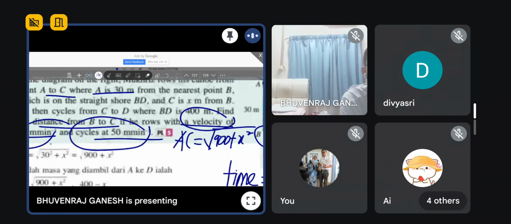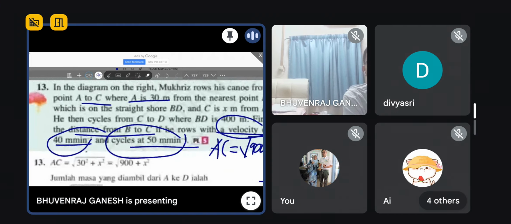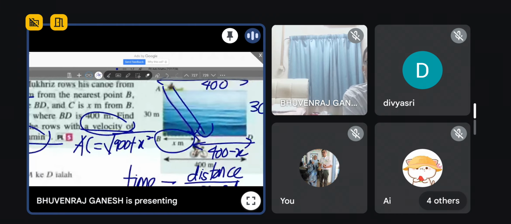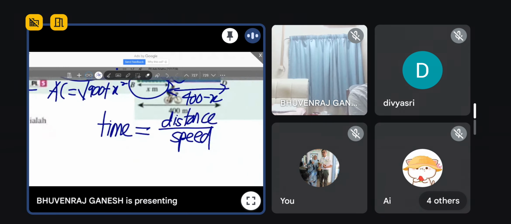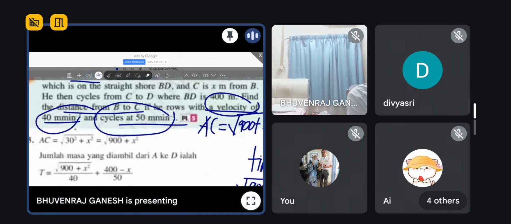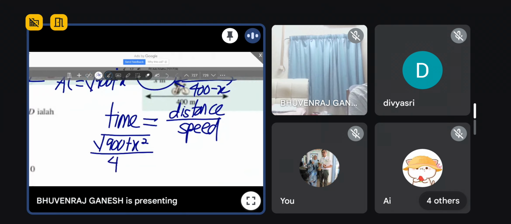Because you have all the information, velocity given, and you also have the distance given. So basically A to C, your distance is square root of 900 plus x squared, divided by speed. For the canoe, our speed is 40, so we substitute 40 at the bottom.